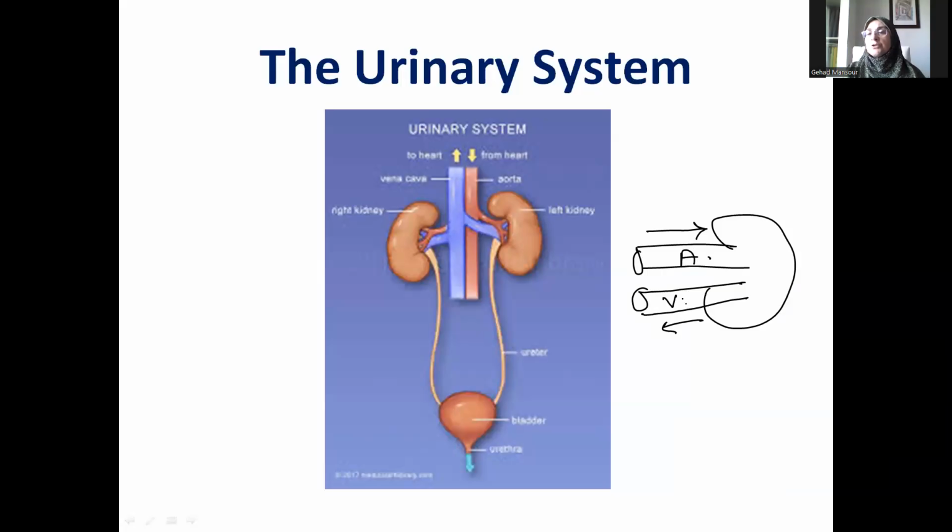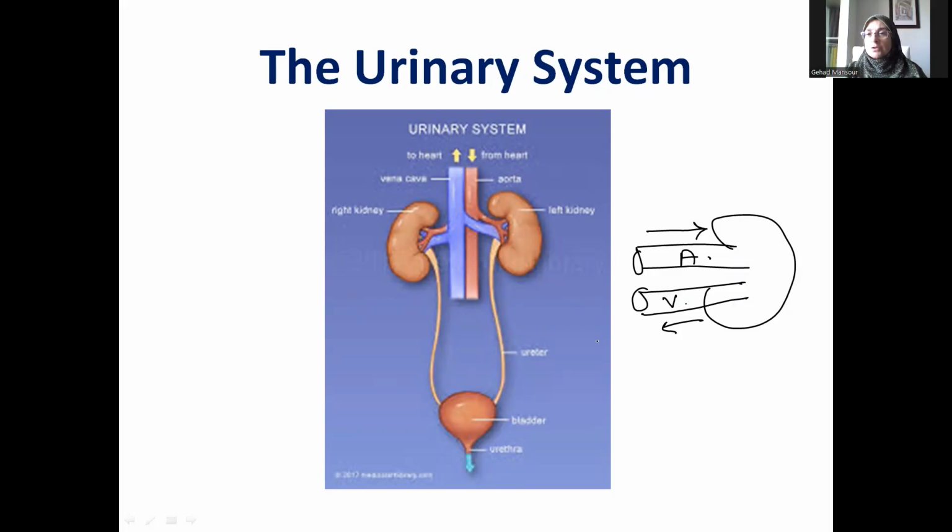These are the two major differences, and you might be required to explain what oxygenated and deoxygenated blood are. Oxygenated blood carries more oxygen and less carbon dioxide, and deoxygenated blood carries less oxygen and more carbon dioxide than oxygenated blood.